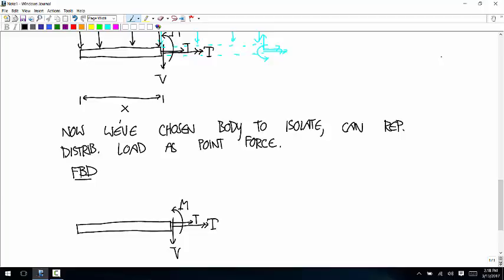And now we want to represent that distributed load as a point force. That's a rectangular distributed load, so it has a height of 490.5 and a width of x. So the total force is 490.5x, the area. And the centroid, where that point force acts, is right in the middle.